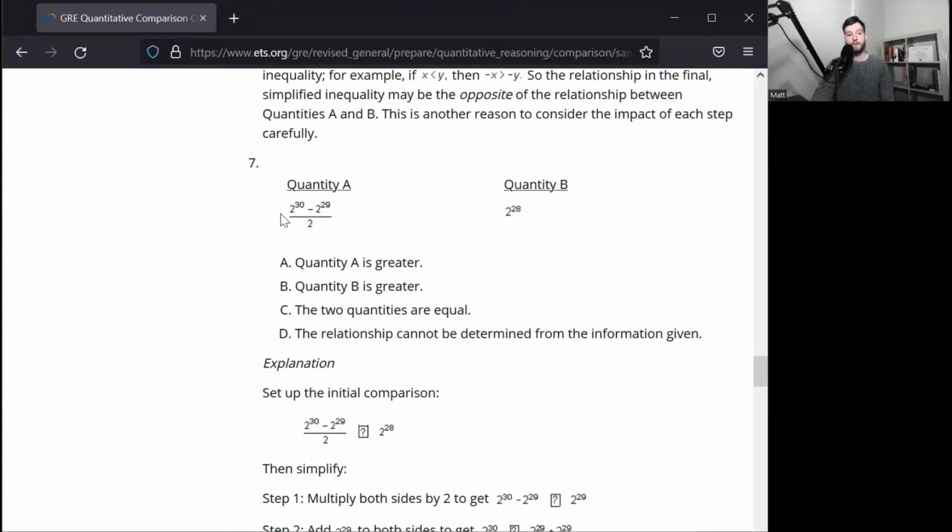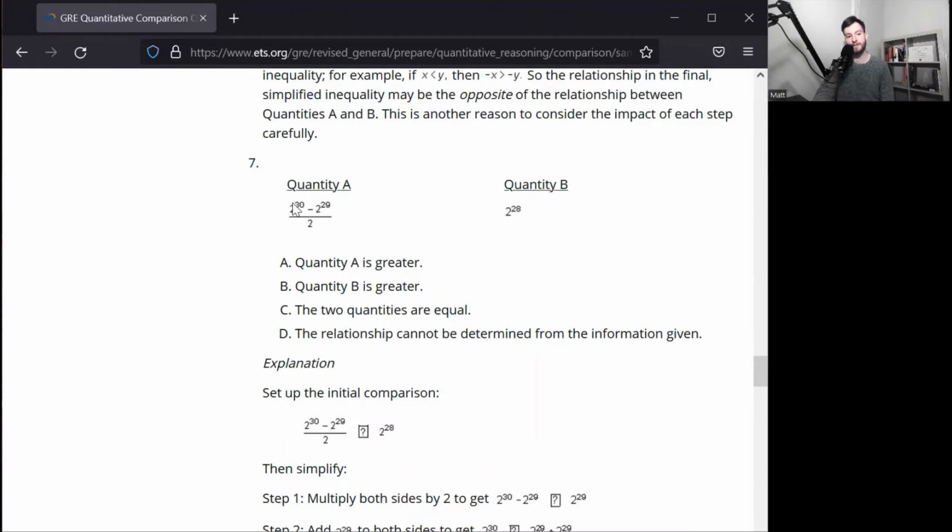Now, 2 to the 30 minus 2 to the 29 can be simplified. And this is really an important pattern to catch because it's very common in the GRE, and it's always the same. You can't do much else with this. So basically, if you factor out one of the 2s in 2 to the 30, remember how we added a 2 here and it made the exponent 1 greater?